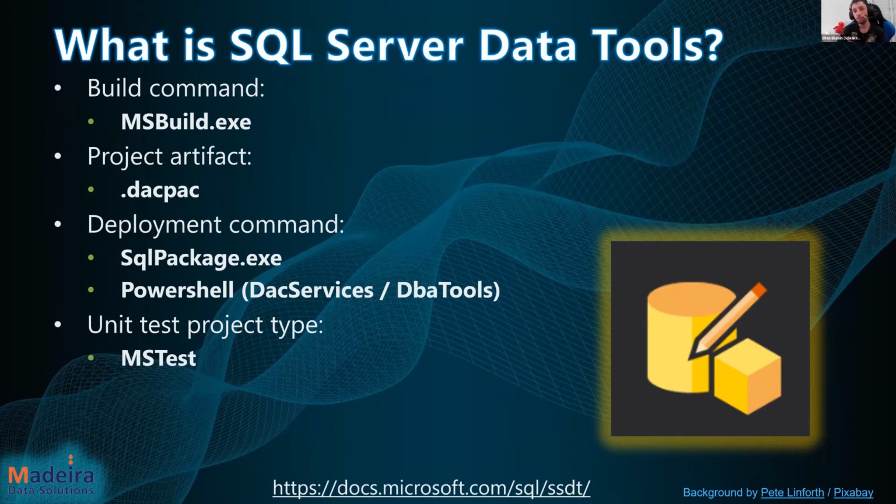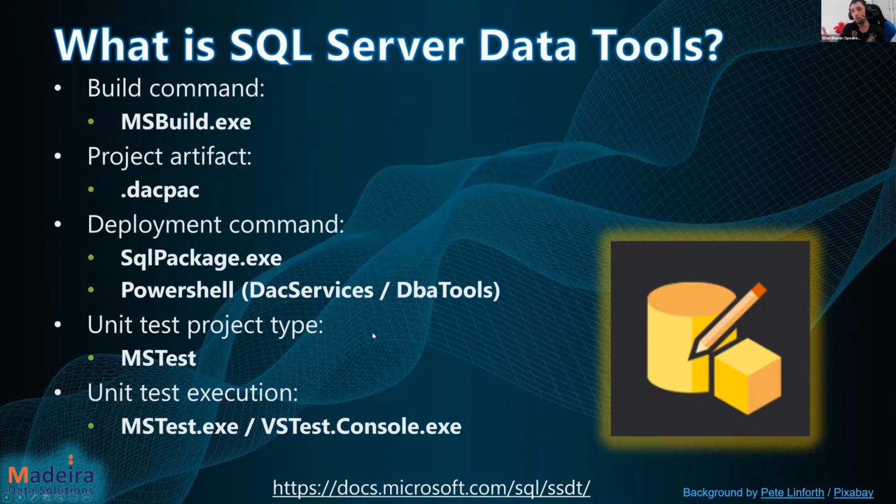But behind the scenes, it is just a regular MS test project. Anyone who is experienced in the QA field should recognize it right away. And in order to run this MS test project, you use the standard MSTest.exe or VSTest console command.